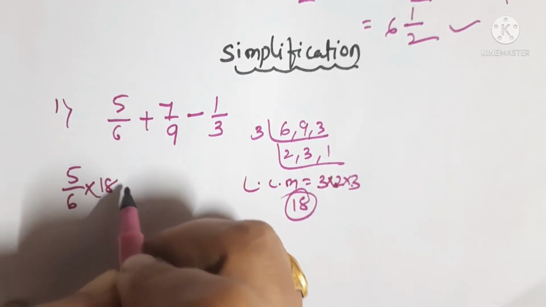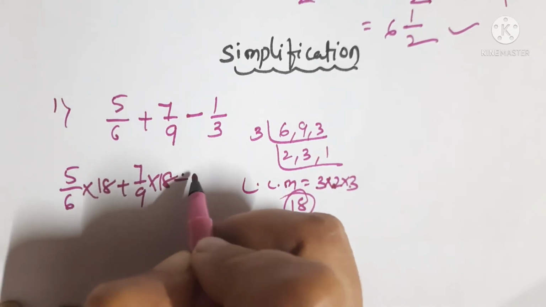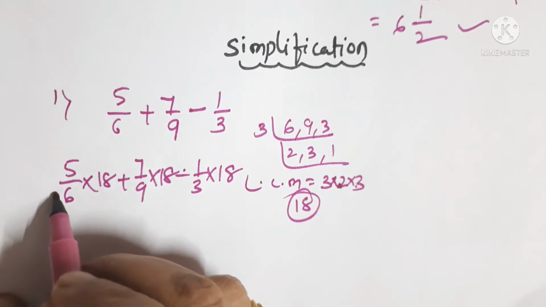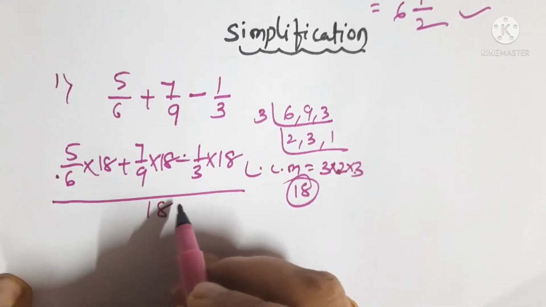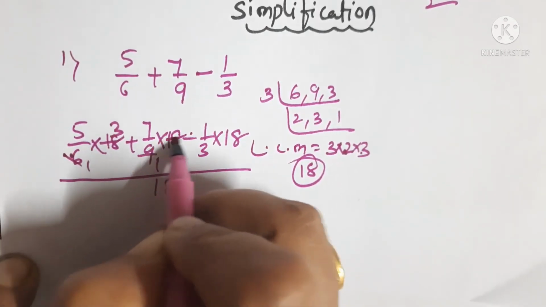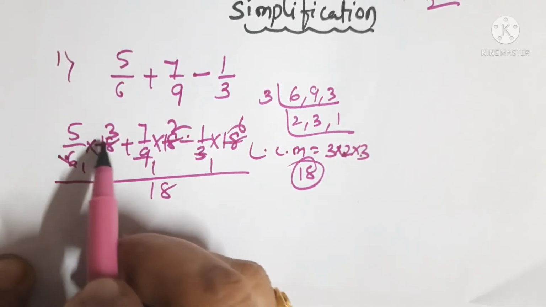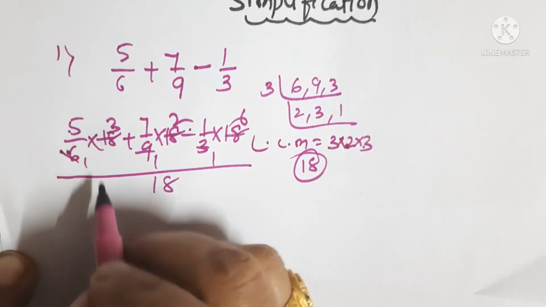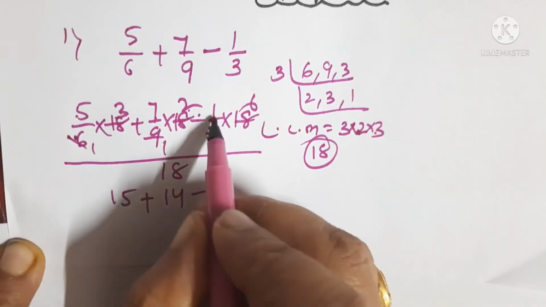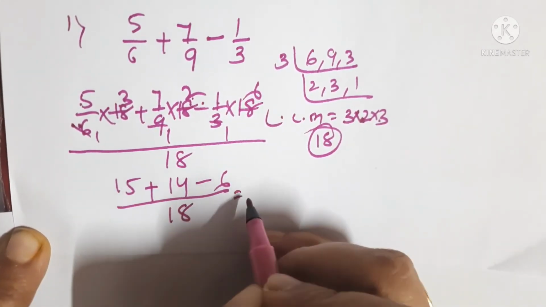So we'll continue the process. 5 by 6 into 18 plus 7 by 9 into 18 minus 1 by 3 into 18, the whole divided by 18. Now we'll do cancellation. 6 ones are 6, 3s are; 9 ones are 9, 2s are; 3 ones are 3, 6s are. Now multiply the remaining ones and add. 5 3s are 15 plus 7 2s are 14 minus 1 6 is 6, by 18, is equal to.